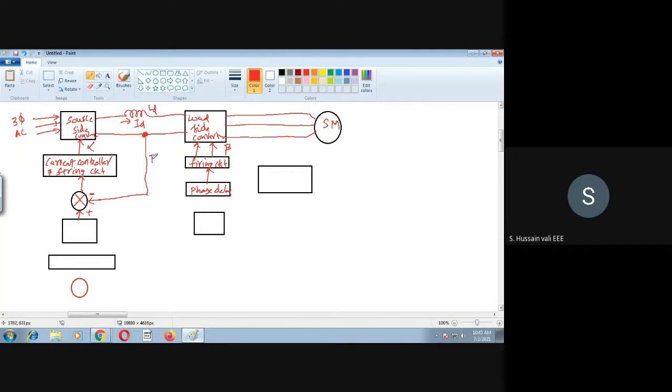Id, then this is the current limiter, speed control.